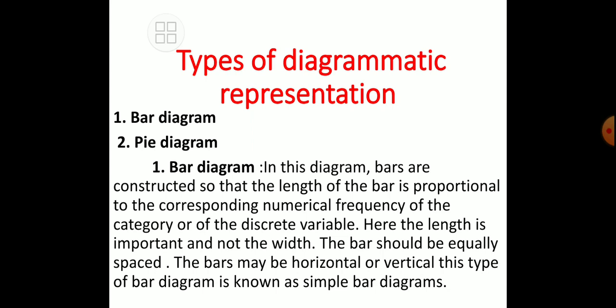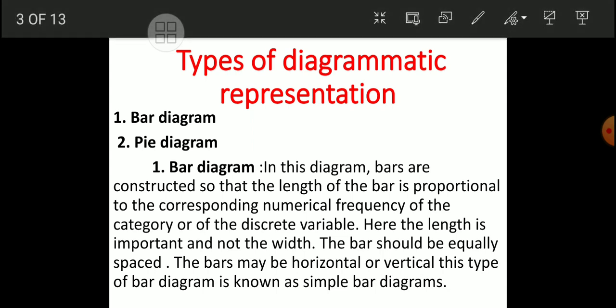So students, here we can see there are two types of diagrammatic representations: the first is a bar diagram, and the second is a pie diagram.